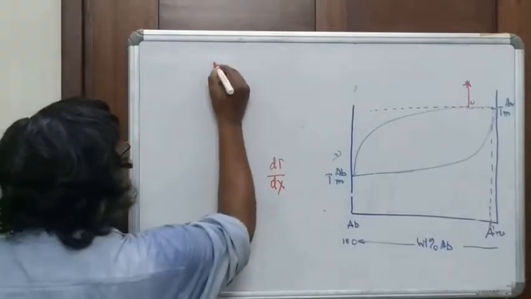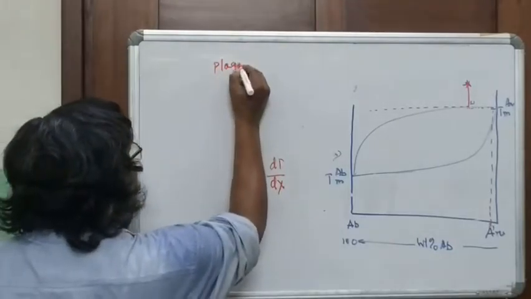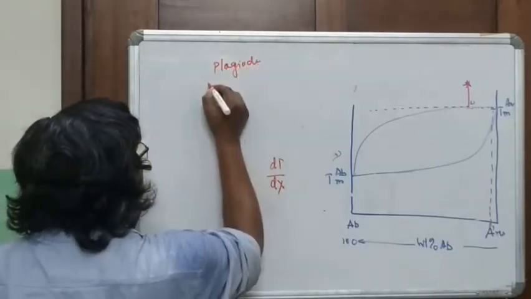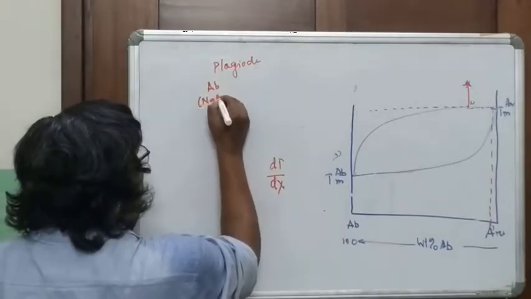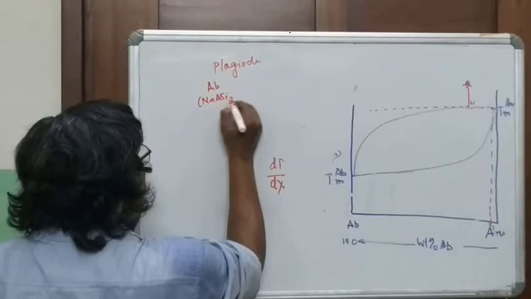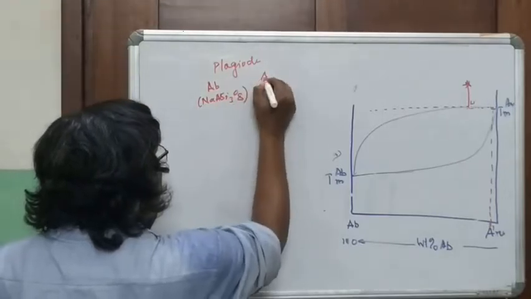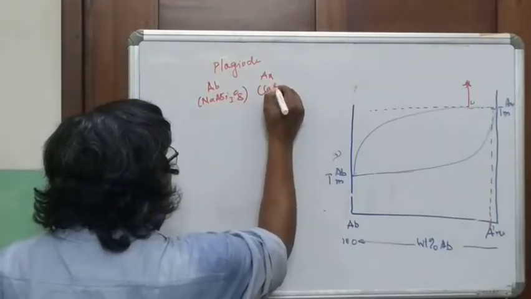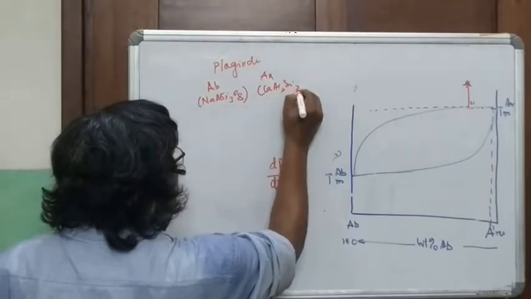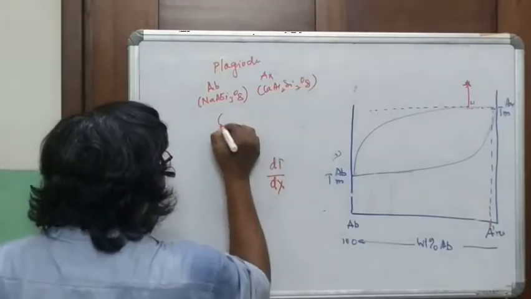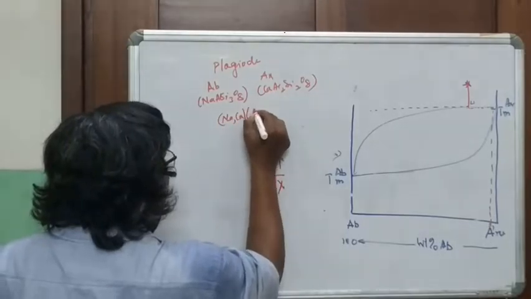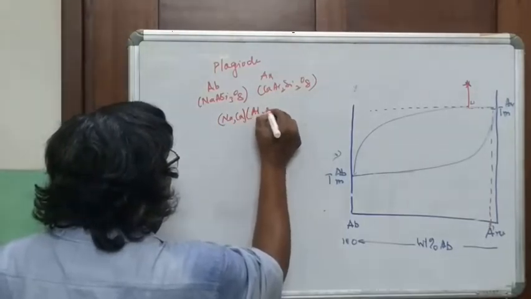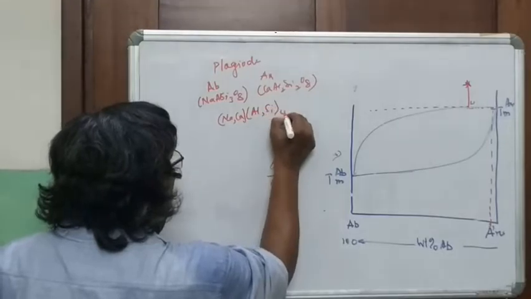Remember, we are talking of plagioclase and we are talking of albite, which is NaAlSi3O8, and anorthite, which is CaAl2Si2O8, and eventually we have a plagioclase composition NaCaAlSi4O8.